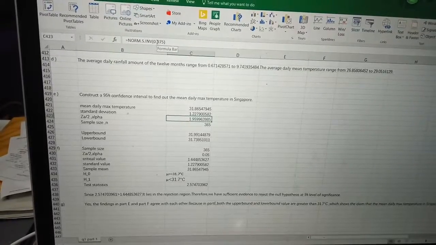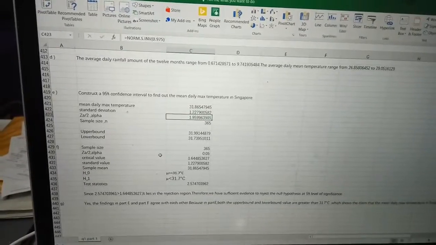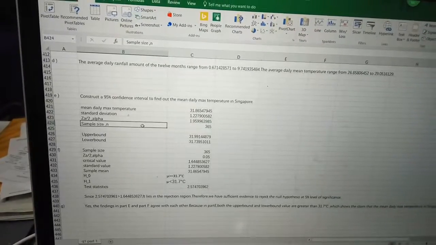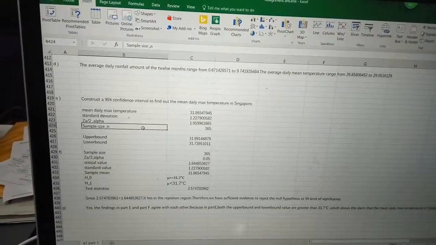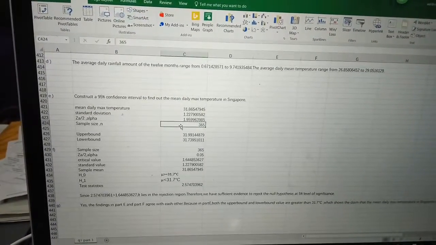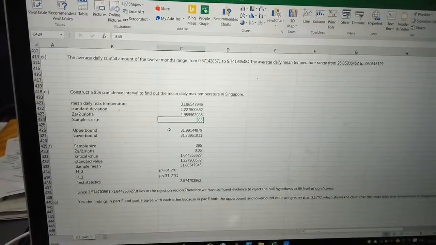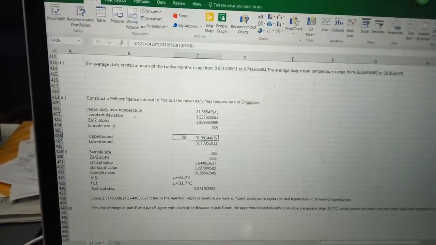This point is 0.975. This is because we need to construct 95% confidence interval. And then my sample size is 365. Okay, this is how I get my upper bound and lower bound.